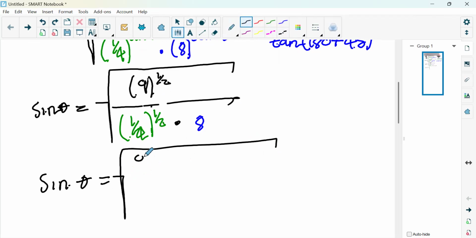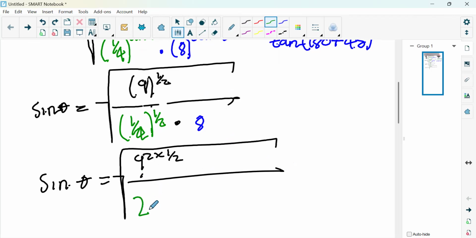Let's say we have 3 to the power of 2, multiplied by 1/2, all over this one here. If we want to write 1/4 in this prime base, it's going to be written as 2 to the power minus 2.